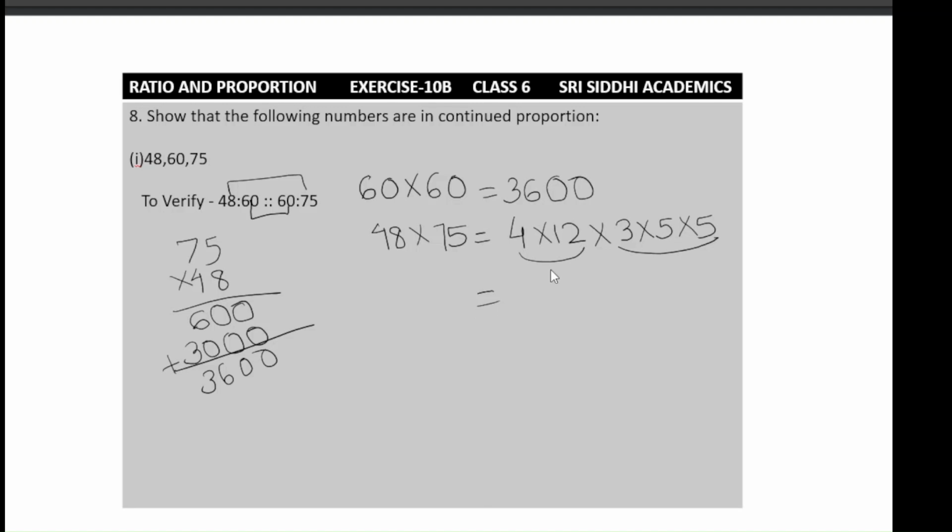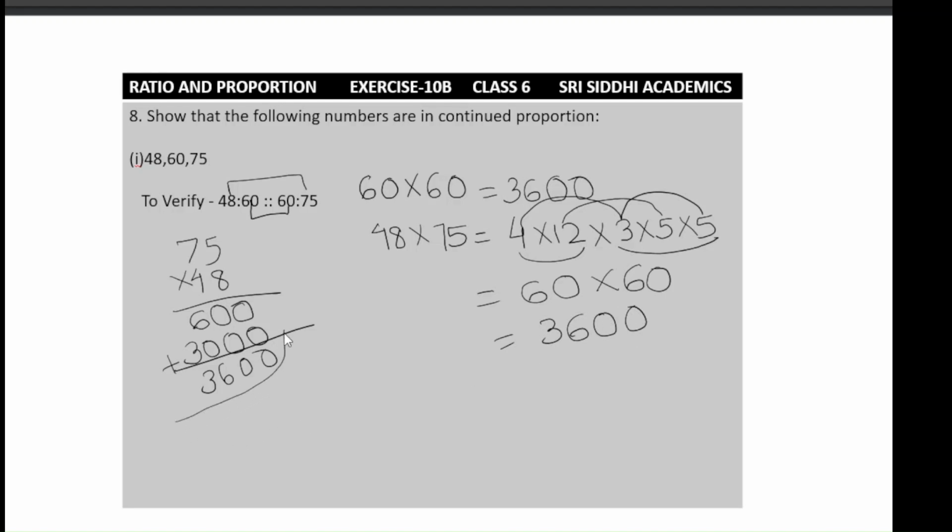Now I will take this 12 into 5. How much is it? 60. Now 4 multiplied by 3. How much is it? 12. 12 multiplied by 5. How much is it? 60. Again it is 3600, right?